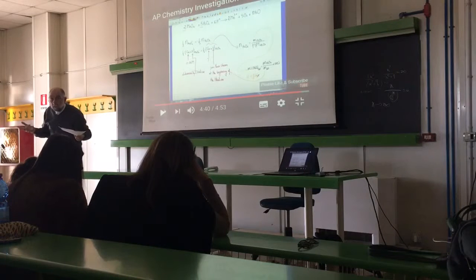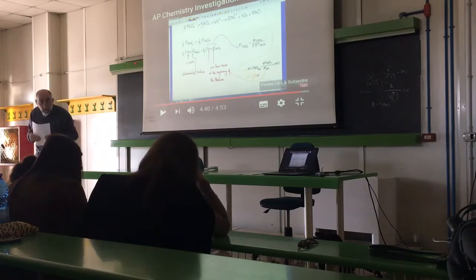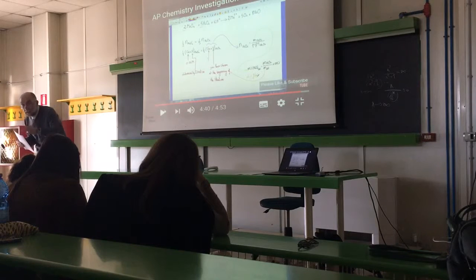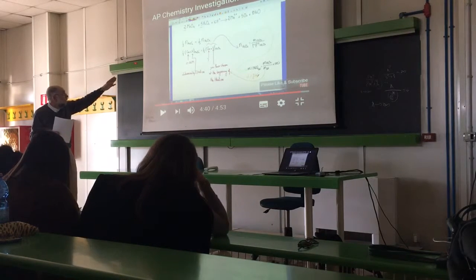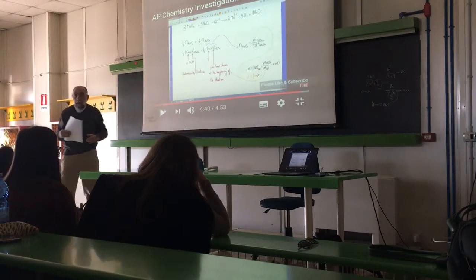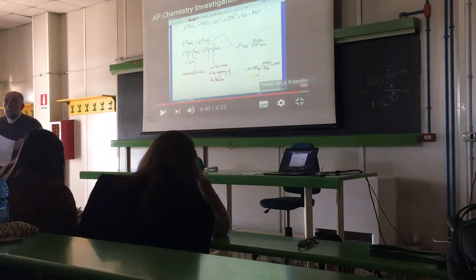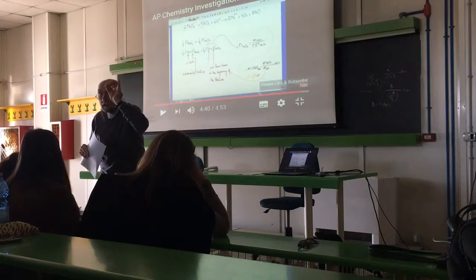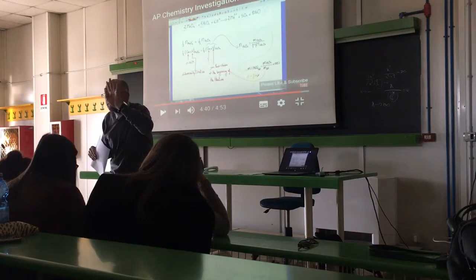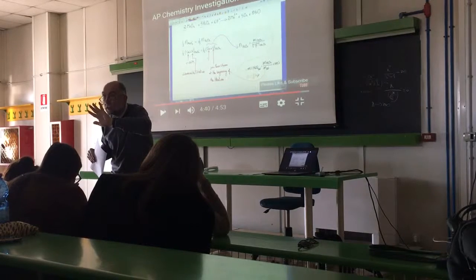That is the equivalent weight of hydrogen peroxide when compared with the equivalent weight of permanganate. The equivalent weight is the molecular weight divided by the number of electrons changed.